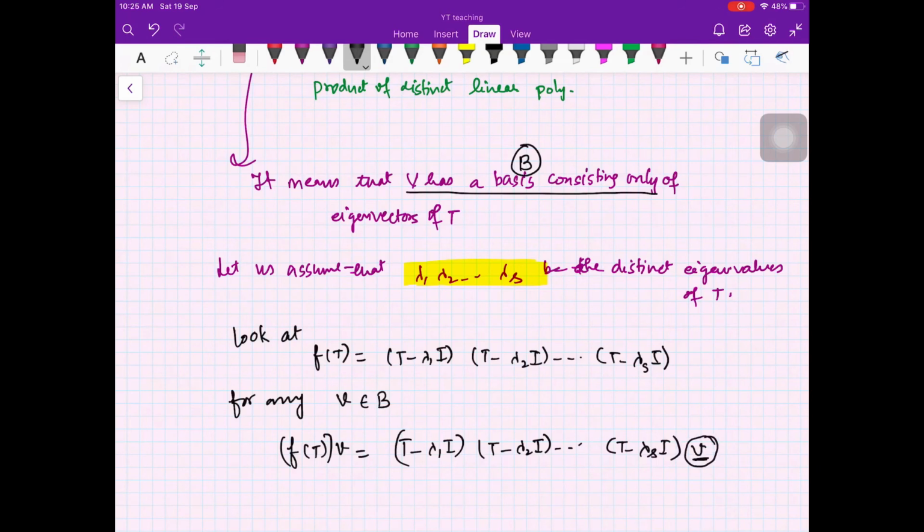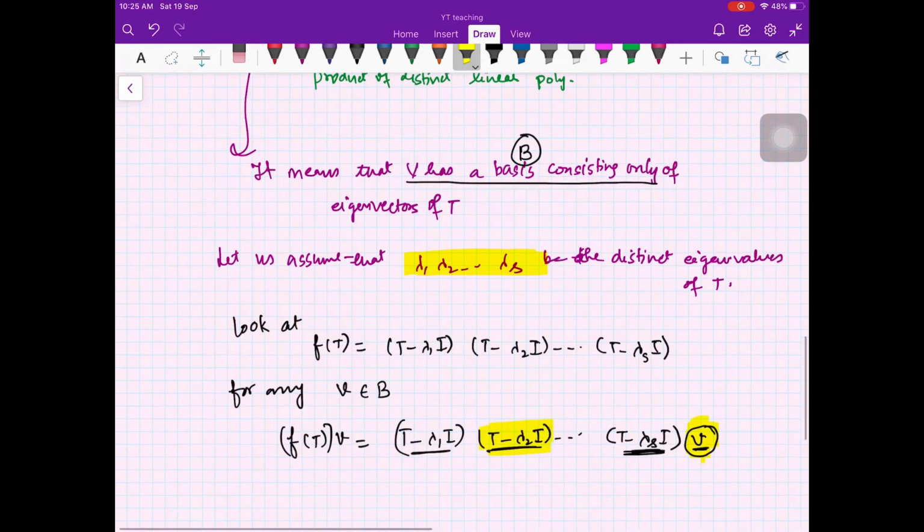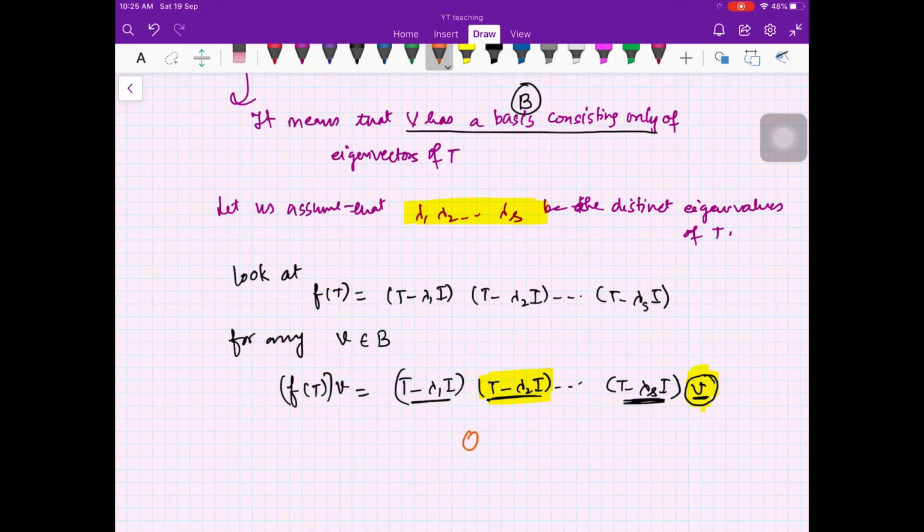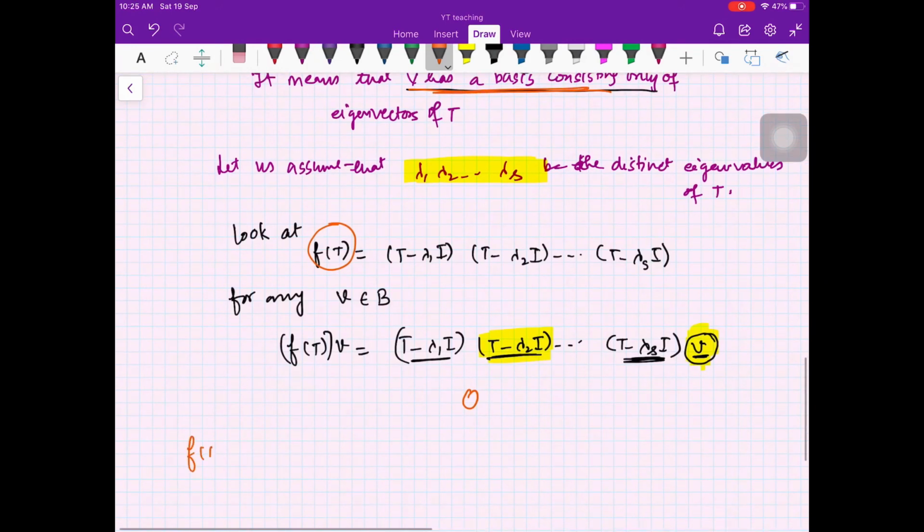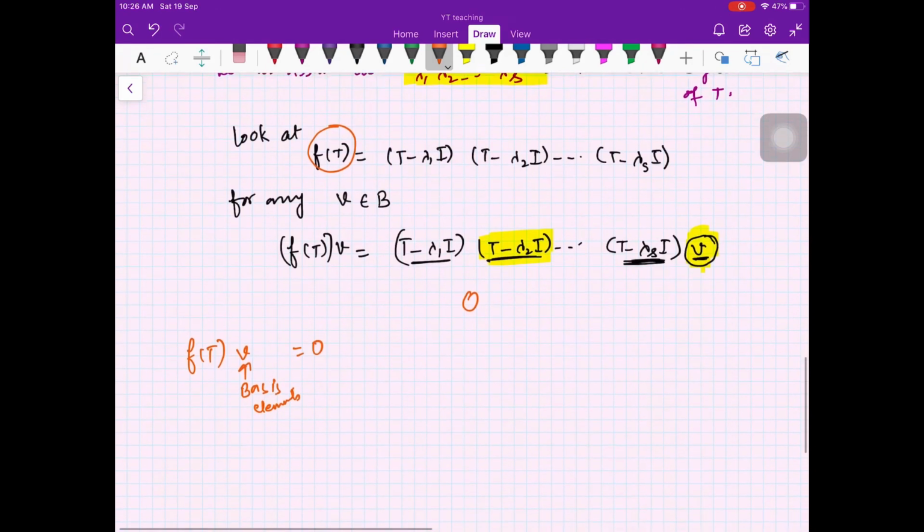Now since this is an eigenvector, one of the factors here, I don't know which one, because it will be an eigenvector corresponding to some eigenvalue. So if suppose this is corresponding to lambda 2, then this factor will make it 0. So for sure this is going to be 0. It means that this operator on the basis elements gives you a 0 vector.